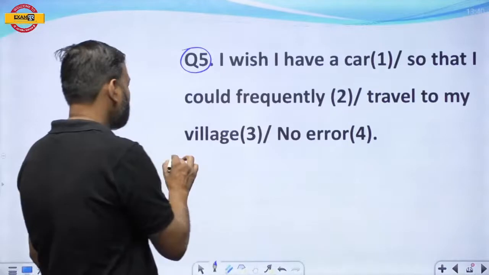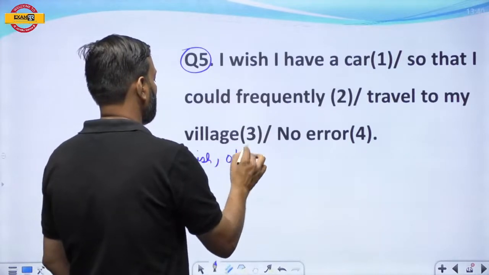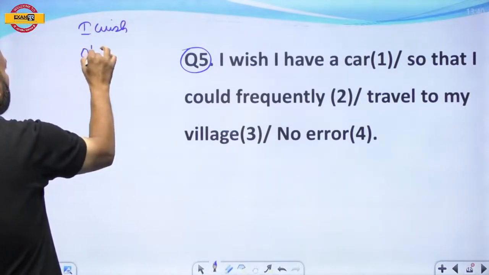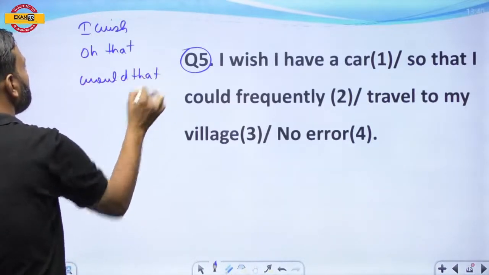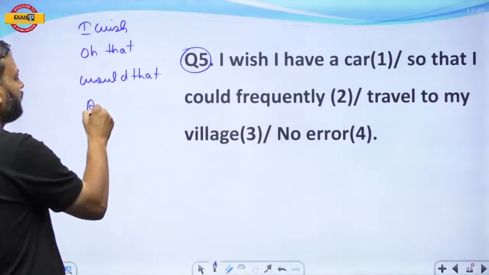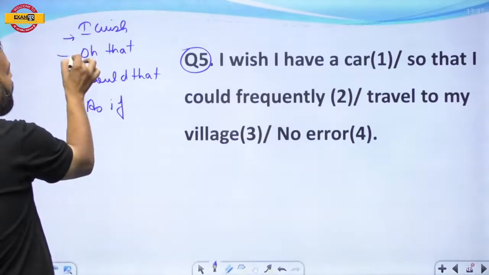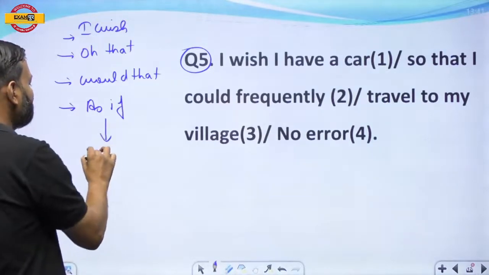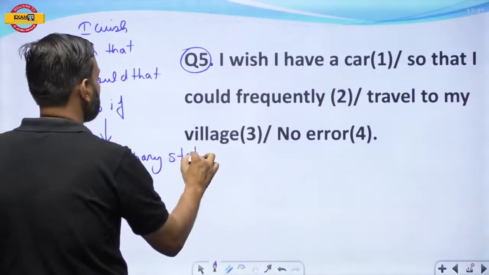See, whenever we write I wish, oh that, would that, as if, all these phrases, whether it is I wish or oh that, would that, or as if, and also as though, refer to an imaginary state or action.